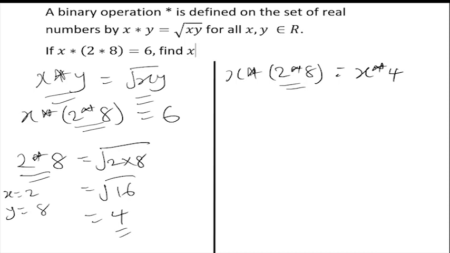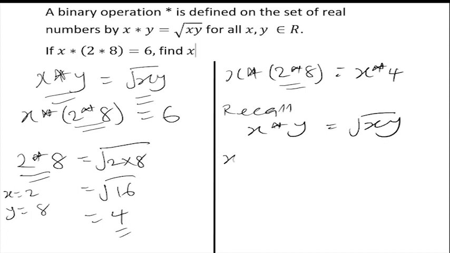So then we can proceed further, and you also need to recall that x operating on y is interpreted as square root of xy. So if you now want to solve x operating on 4, if you compare this with this, x represents x and y represents 4.